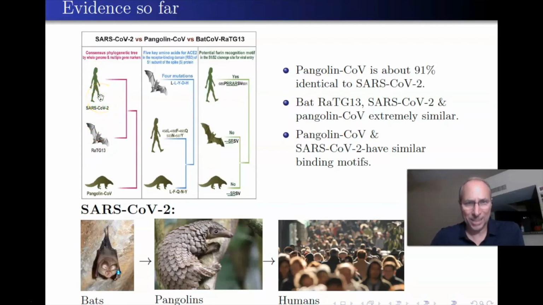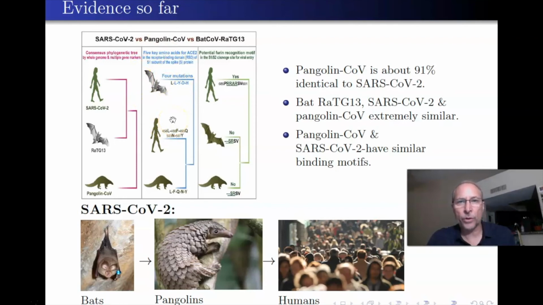They're 96% similar. And the pangolin is different. However, the pangolin is very similar to the human as well. It's about 91% similar. It's just that the bat is more so. It's 96%. But in the key region, the binding site for the ACE2 receptor, you can see the humans and the pangolins are more closely related than they are to the bat.